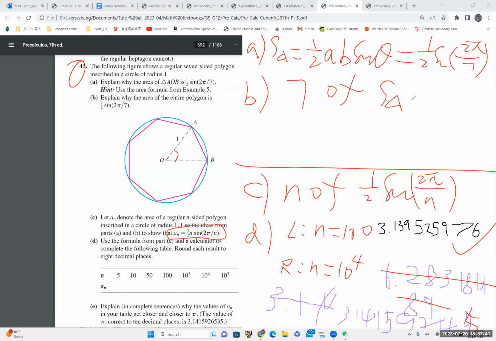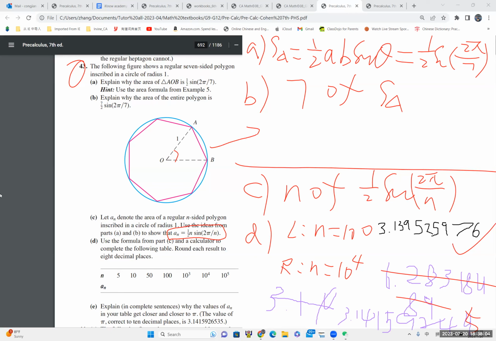Okay. Yeah, so you find this is a way to calculate pi, right? Because when n approaches infinity, then the n-sided polygon, its area just approaches the area of this circle.